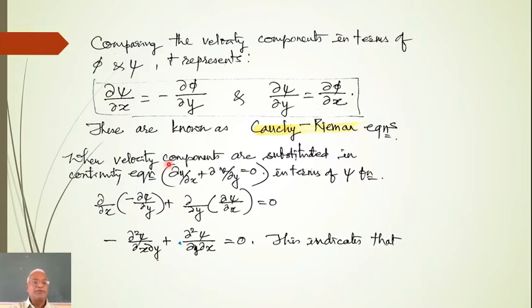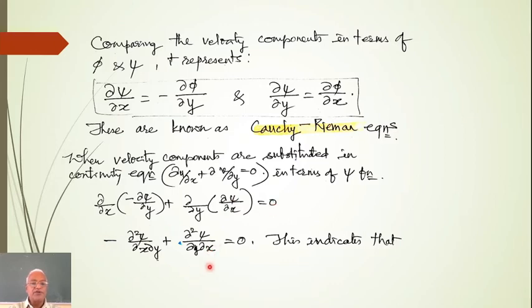When velocity components are substituted in the continuity equation, dou u by dou x plus dou v by dou y equal to 0, in terms of psi it will be dou by dou x of minus dou psi by dou y, plus dou by dou y of dou psi by dou x, equal to 0.